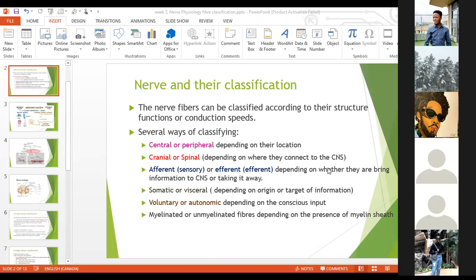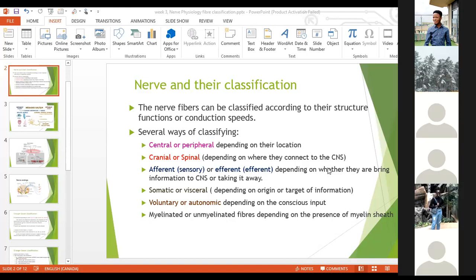Alamin, I want to give people a break and you are holding us back. Yes, go ahead. It can be classified according to either their locations or where they originate or their conscious input. Okay, conscious input.